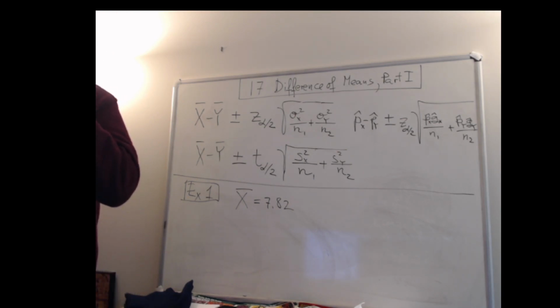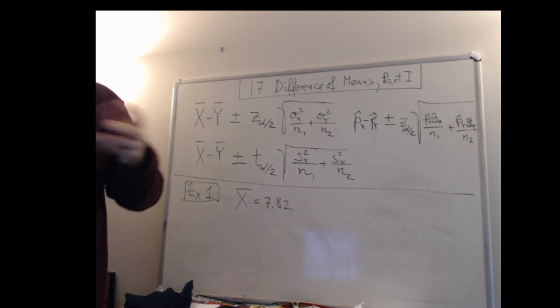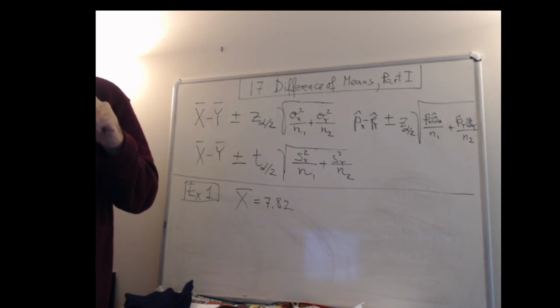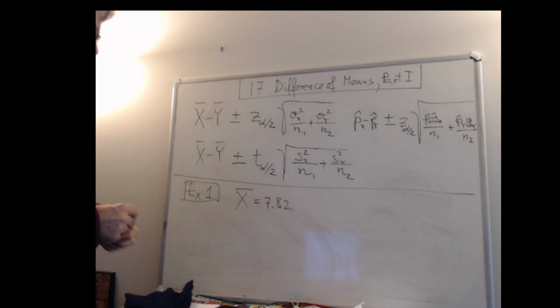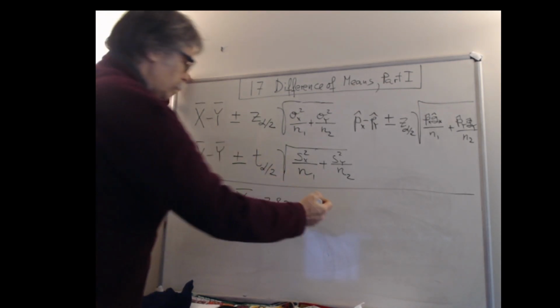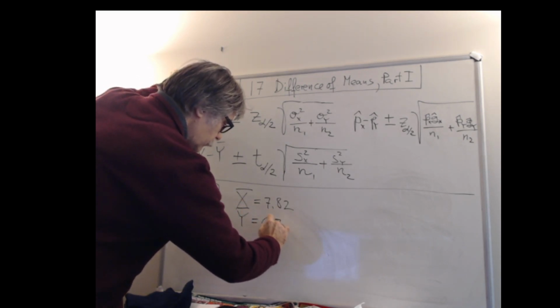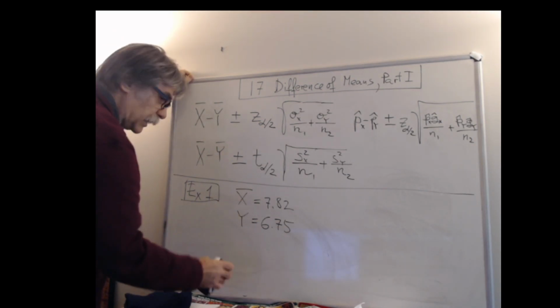The old sleeping pill was probably something that this company was selling before. They decided to make a new one. So in this second group, they were sleeping on average 6.75 hours. The units are in hours, sleeping time.